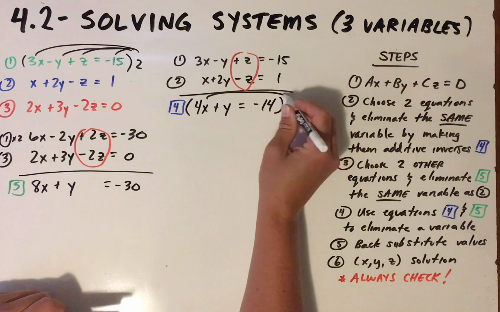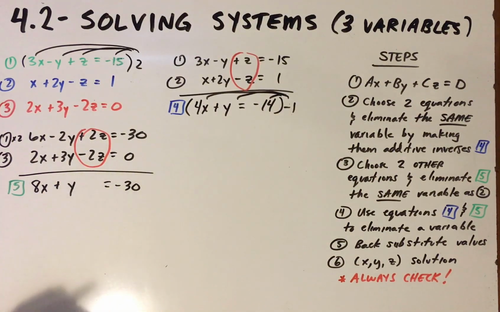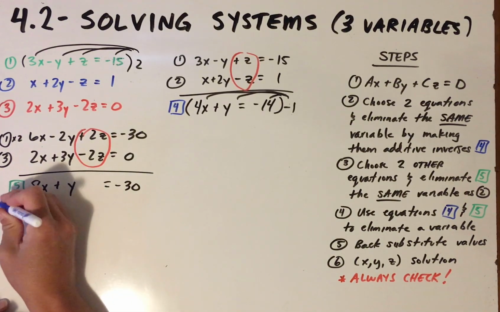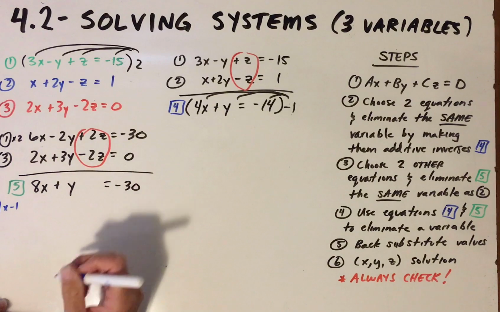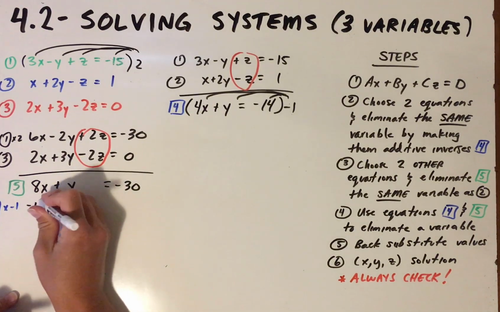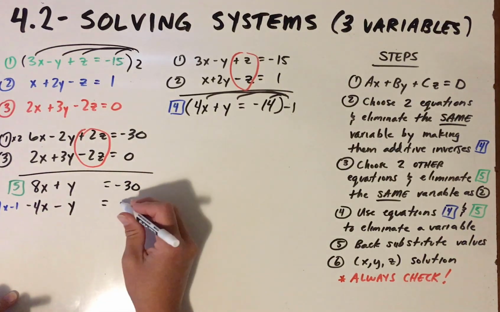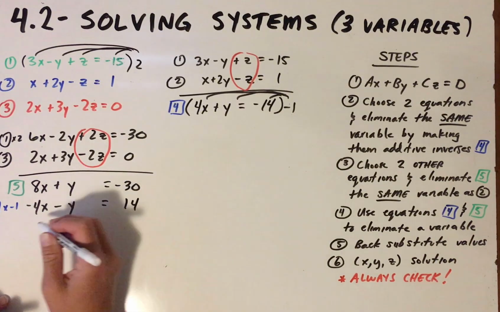And again, I have to multiply every term. I'm going to write this here, equation 4 multiplied by a -1. And that new equation then is going to be -4x minus y is equal to a positive 14.